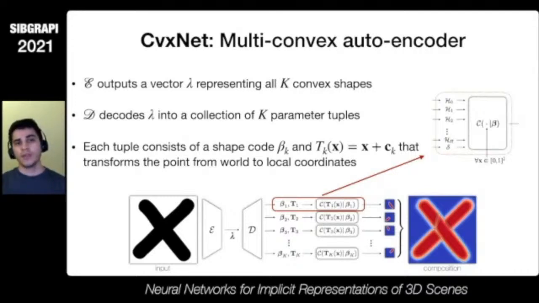The feature vector lambda is the input of the decoder, which returns a collection of parameters, which are denoted by beta. Each beta corresponds to the parameters of the half spaces used to define a convex shape.